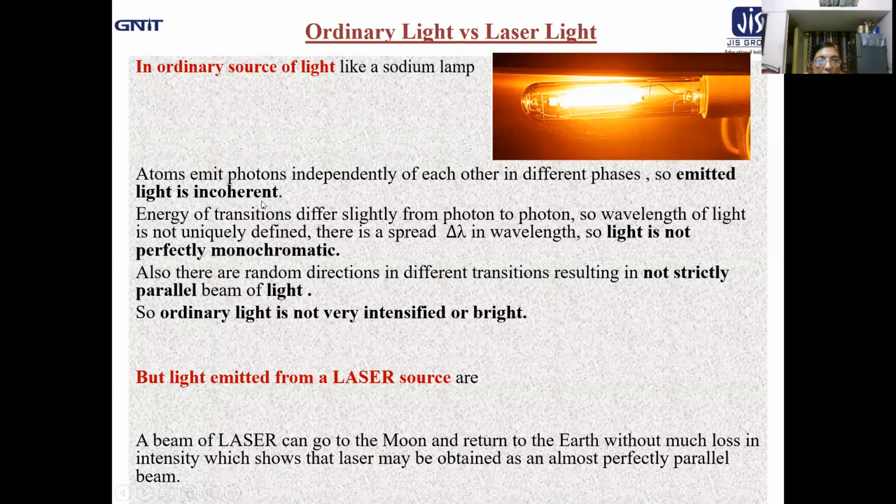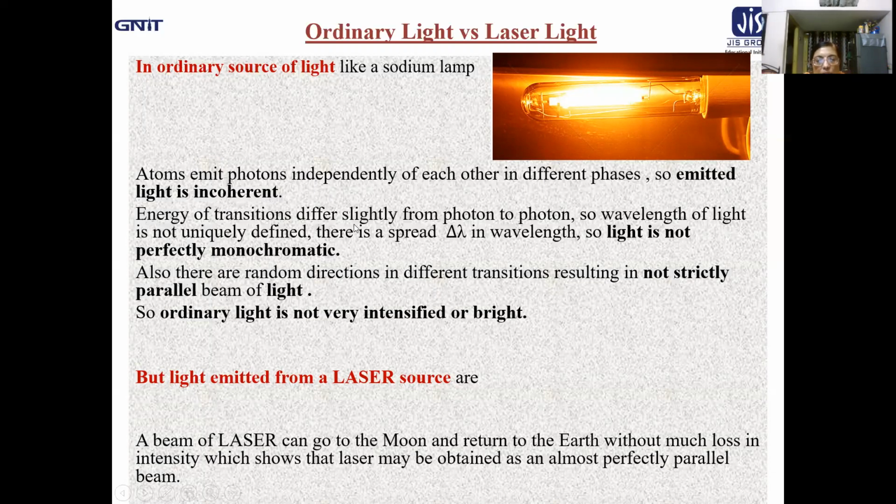So the emitted light is incoherent. From the chapter on interference, you know coherence means same phase. So if different atoms emit photons in different phases, the emitted light will be incoherent.